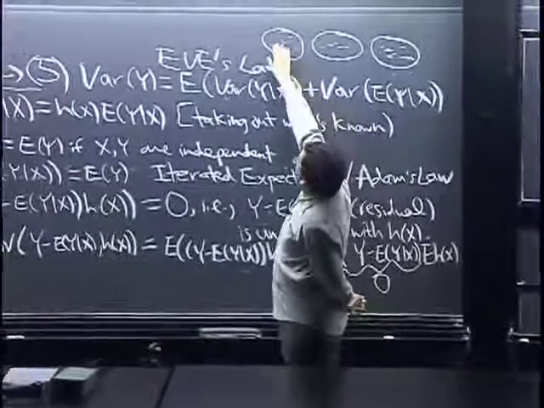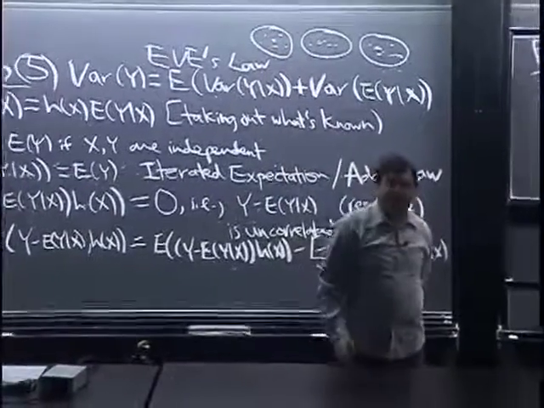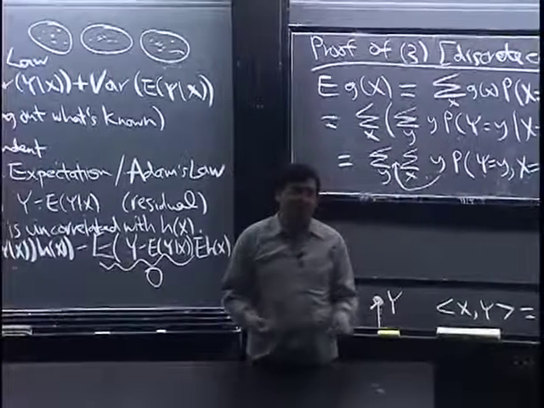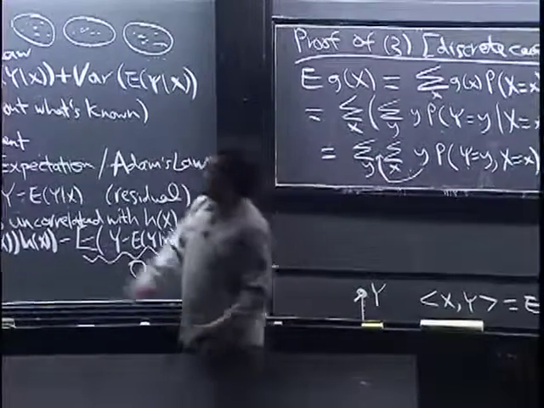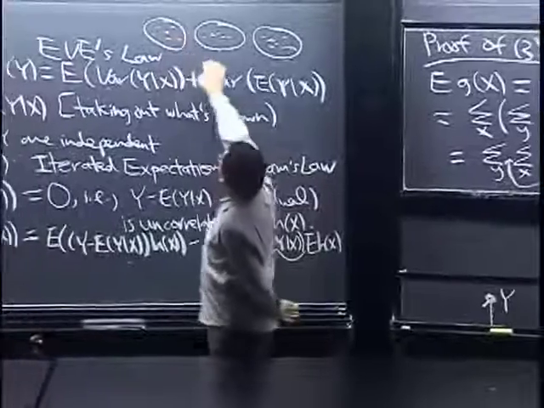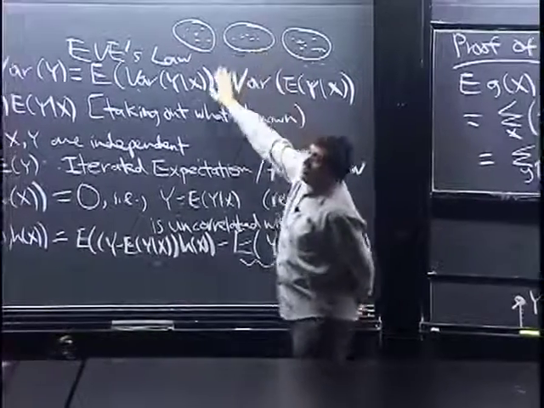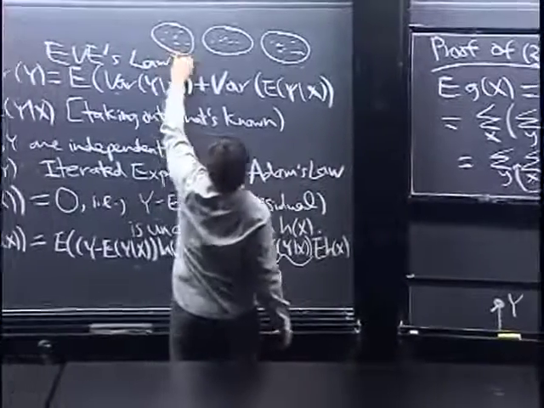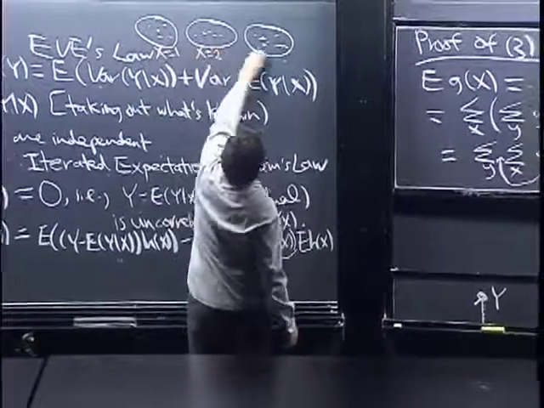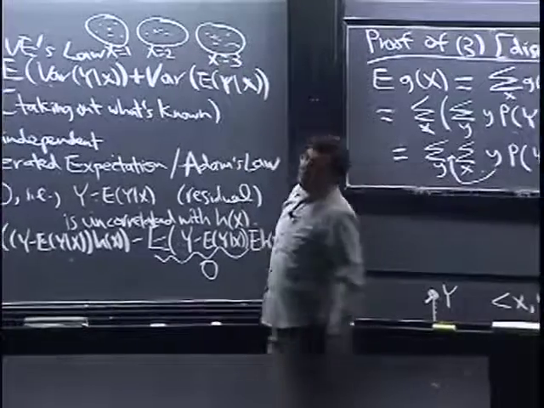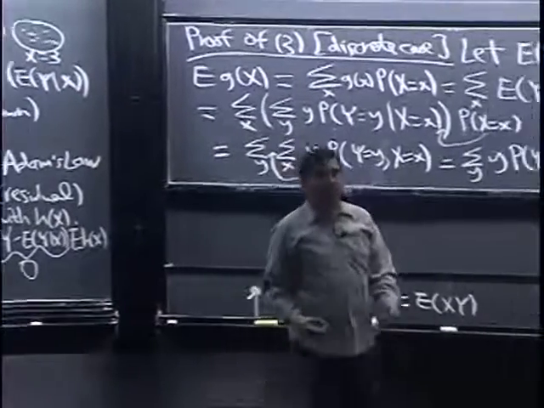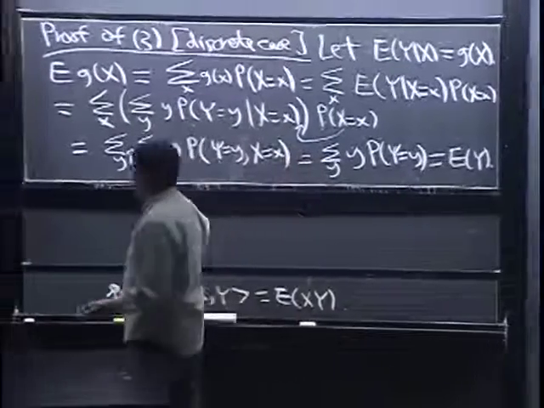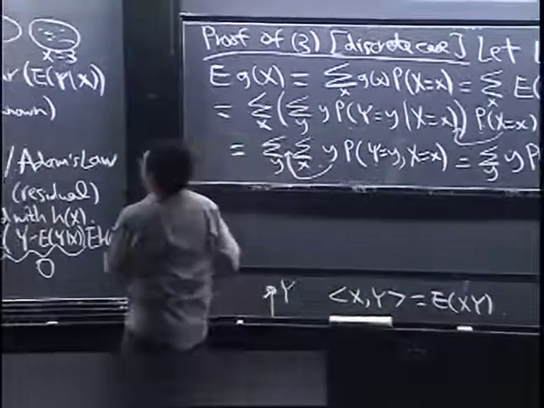Then you have variability within each population, because unless everyone in that subpopulation is the same height, you have variability within each of these, and you have variability between them. So I'm thinking of x in this case as x equals 1, x equals 2, x equals 3. So x takes three values, and x just says, if you take a random person from this population, which subpopulation are they in? Okay, so that would be the x.